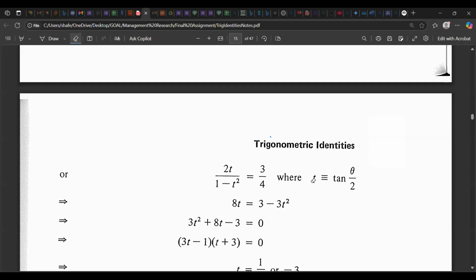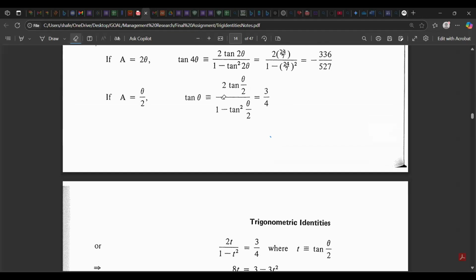And we have a very powerful set of identities that can help us solve a particular set of trigonometric equations, right?